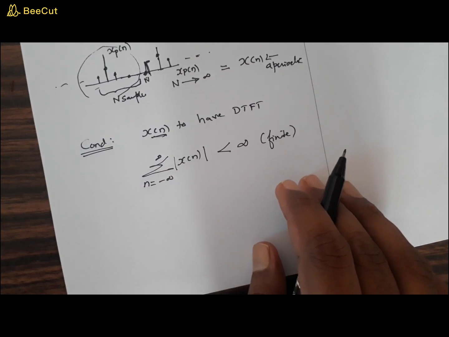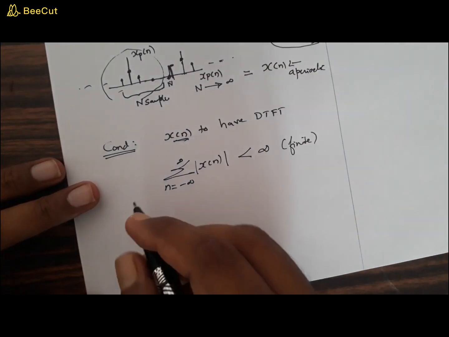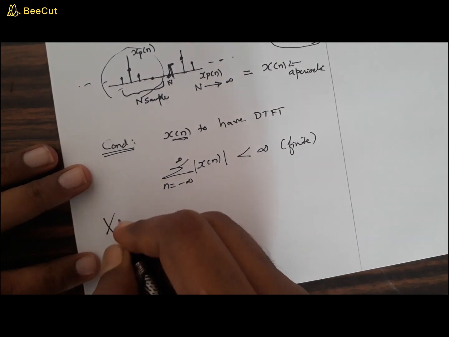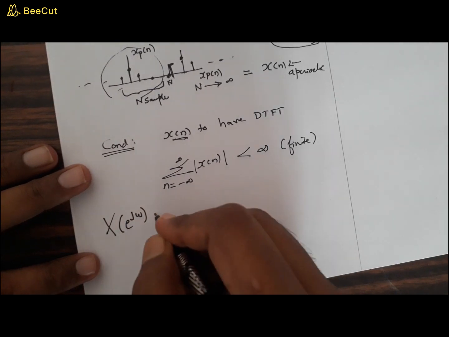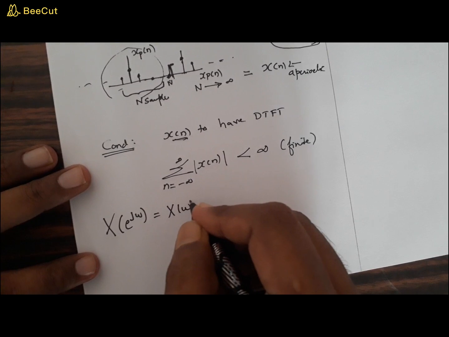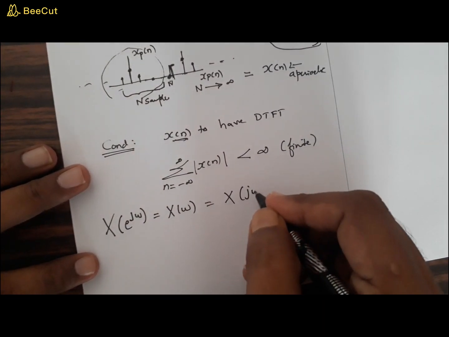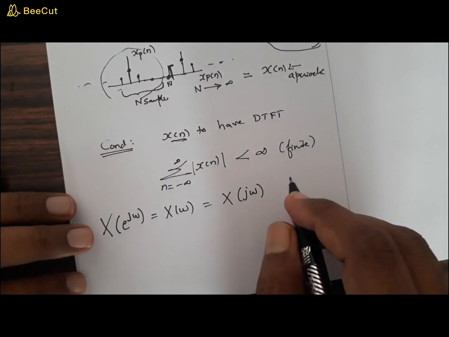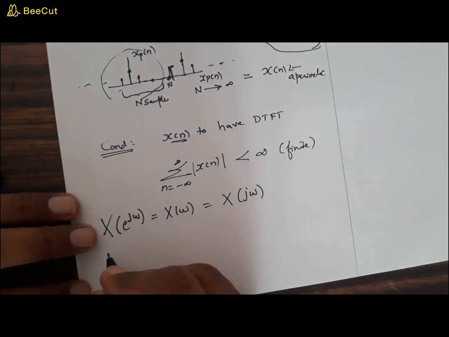Now let's see the basic expression for this. As I told you earlier, the Fourier transform is usually represented by X of e raised to j omega, or X of omega, or it is also X of j omega. These are the ways you can represent a Fourier transform.